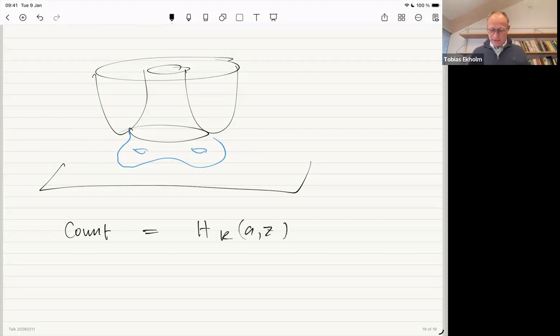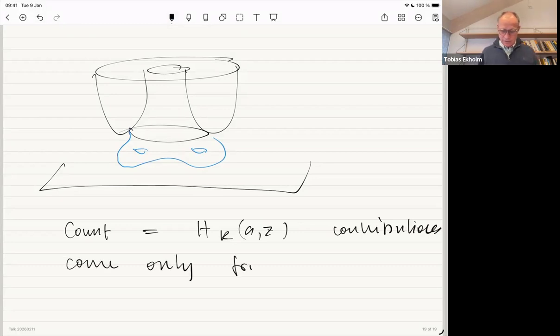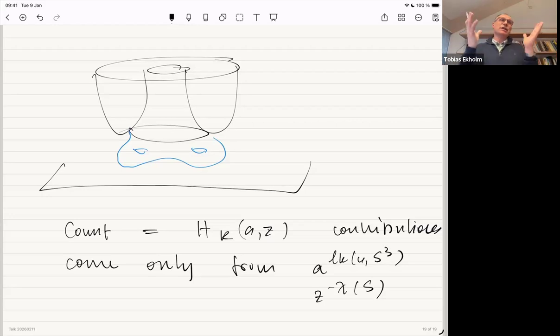And now the contributions come only from A to the linking of U and S3, and Z to the minus Euler characteristic of S, right? So that means that now it's a more honest curve count. There's no input from knot theory.